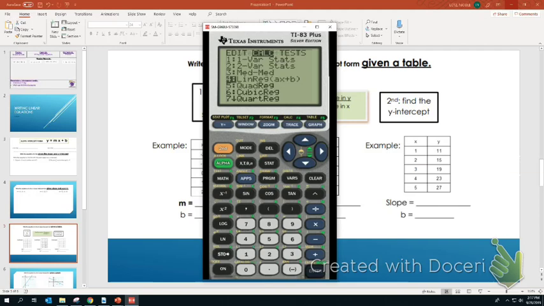When I hit enter, it takes me to this screen, and I hit enter again, and it's telling me y equals ax plus b, where a represents m. So a is 4 and b is negative 3. If you look back at that example, we got y equals 4x minus 3, which is the same thing.